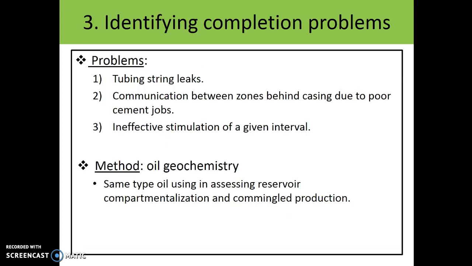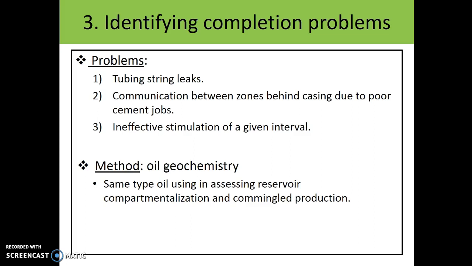Alright, the third task for a production geochemist is identifying completion problems that occur in the oil field. The common problems in an oil field are tubing string leaks, communication between zones behind casing due to poor injection or poor cement jobs, and ineffective stimulation of a given interval.